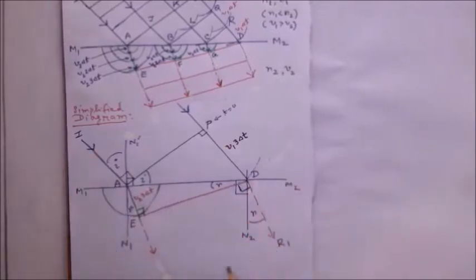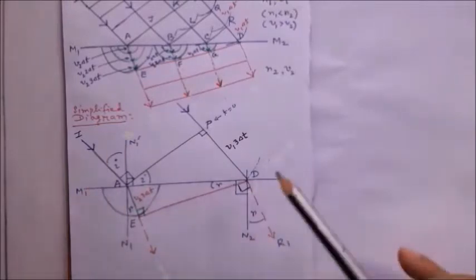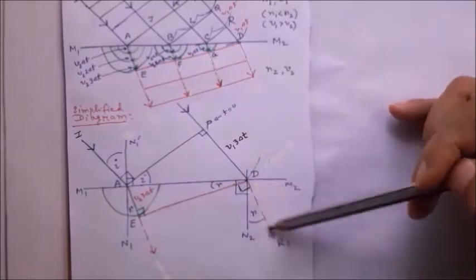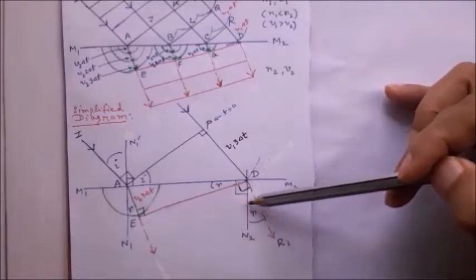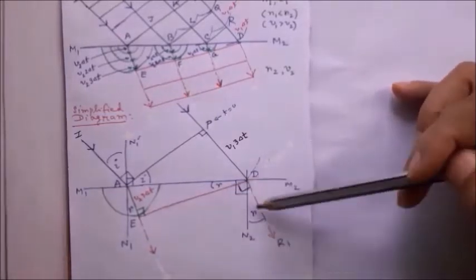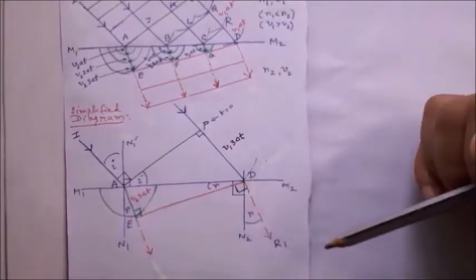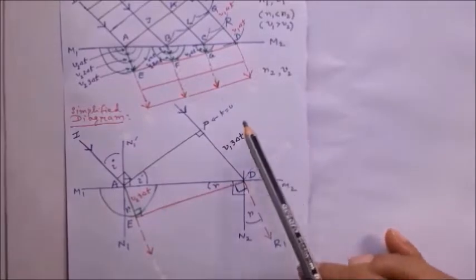So the diagram is, I think, clear. We have defined all these things, and this ray DR1 is perpendicular to the refracted wavefront. So this is the refracted ray. The calculation is extremely easy, but understanding the diagram is very important.